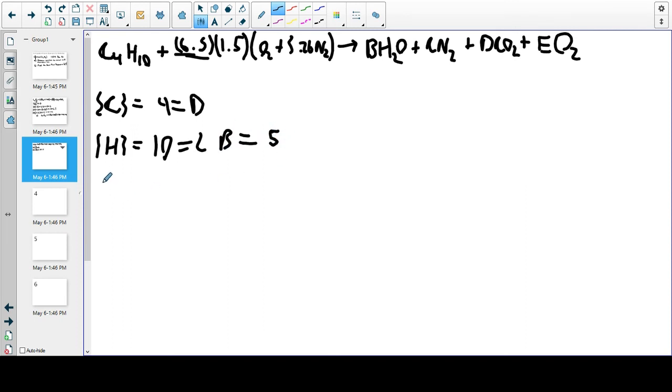And then let's move on to the oxygens. Over here now, we have 6.5 times 1.5, which is 9.75. So 9.75 times 2, because remember we have 2 O's here.